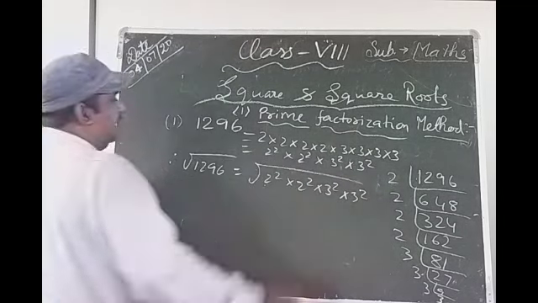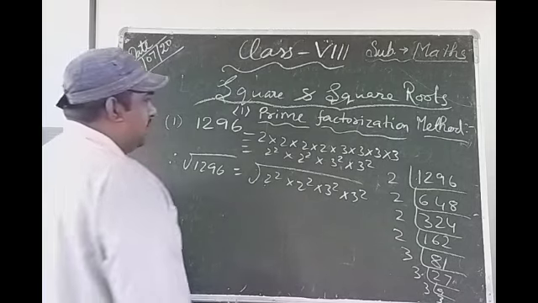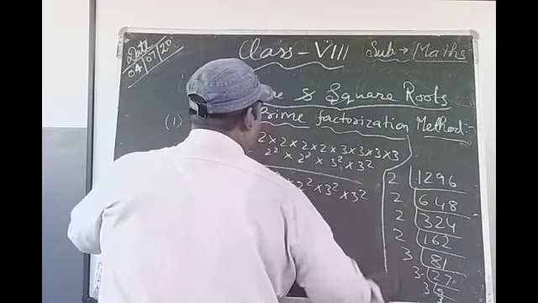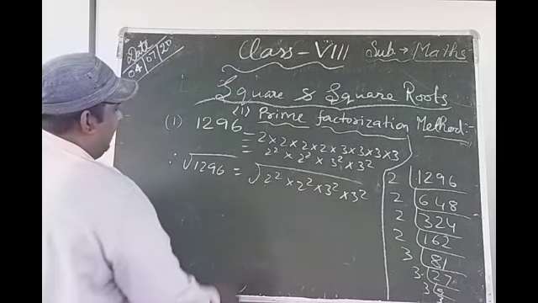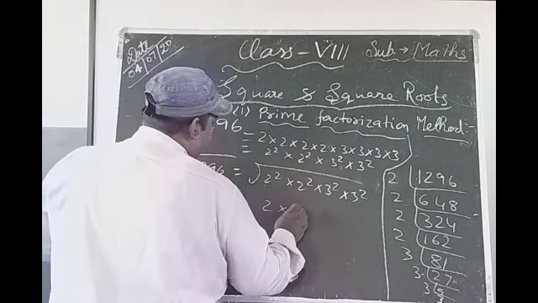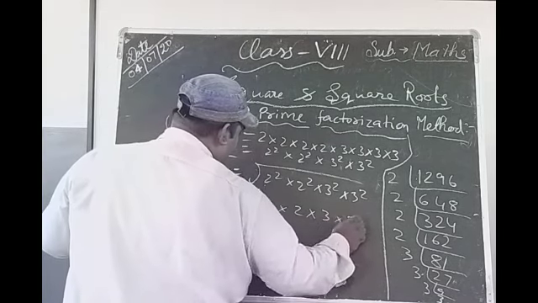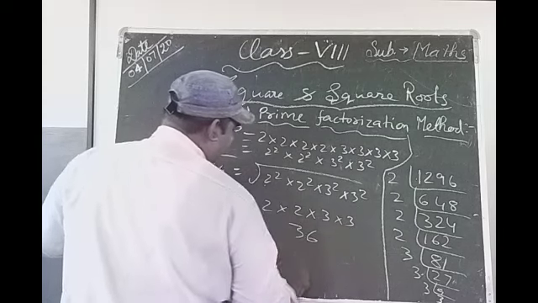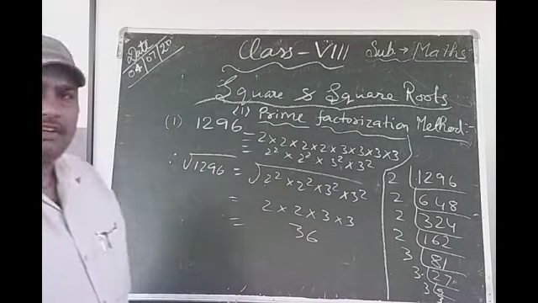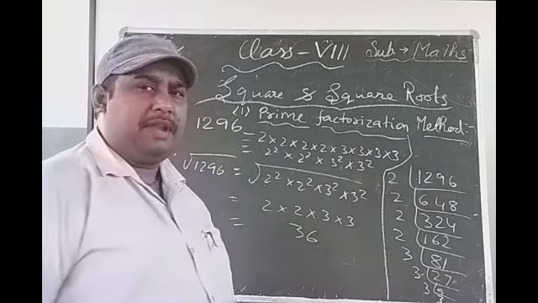Here no number is alone. So finally we have got that it is the square of 36. We have got the answer 36. This method is known as the prime factorization method.